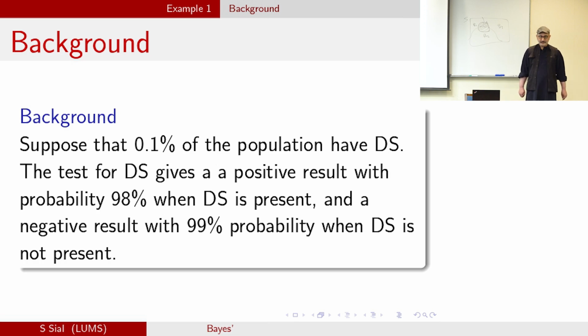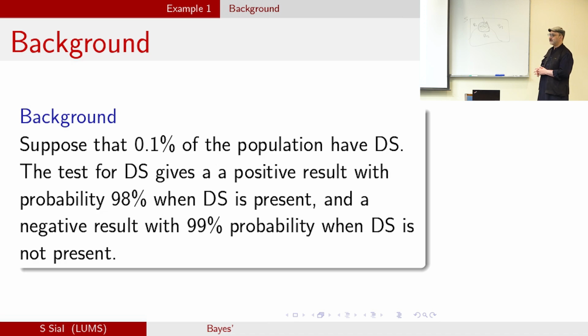Supposing that 0.1% of the population have the dreaded disease DS, the test for DS gives a positive result with probability 98% when the disease is present, and it gives a negative result with 99% probability when the disease is not present.